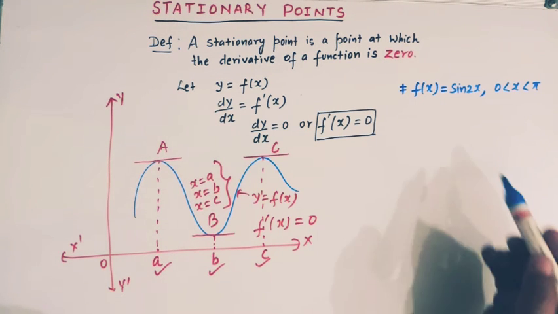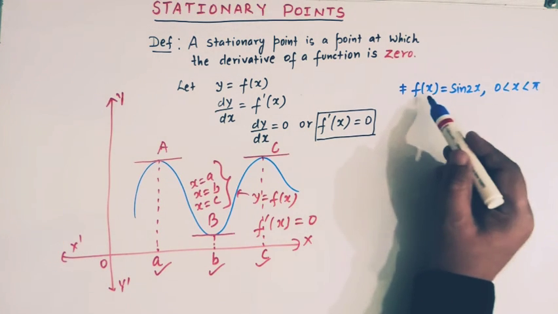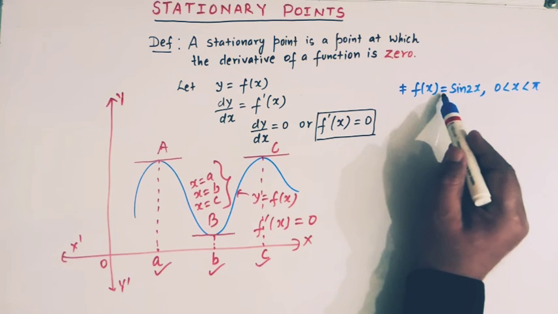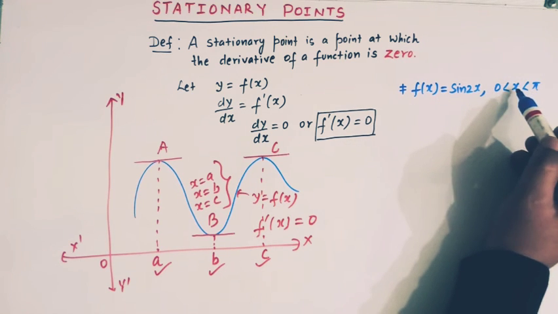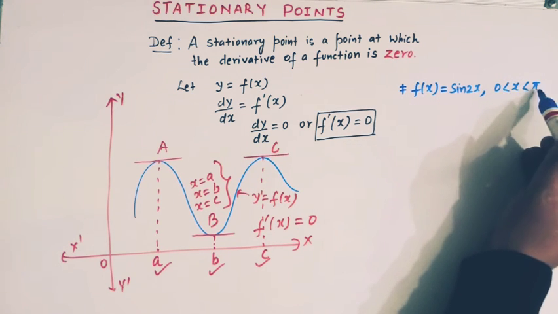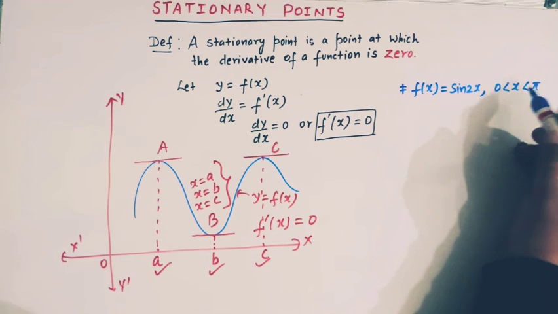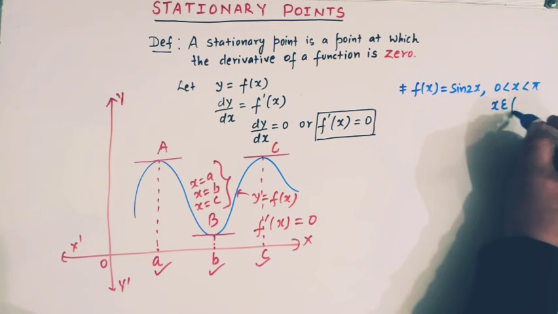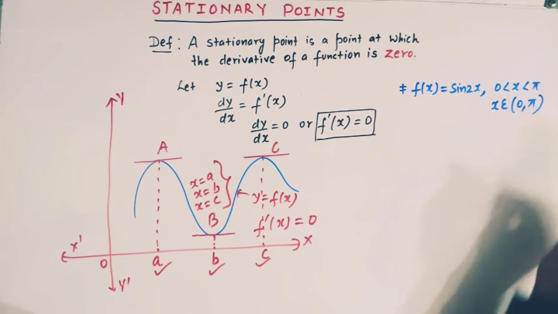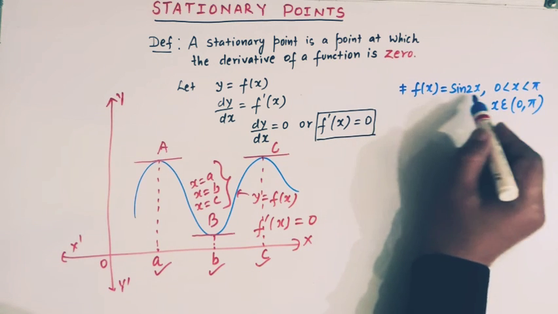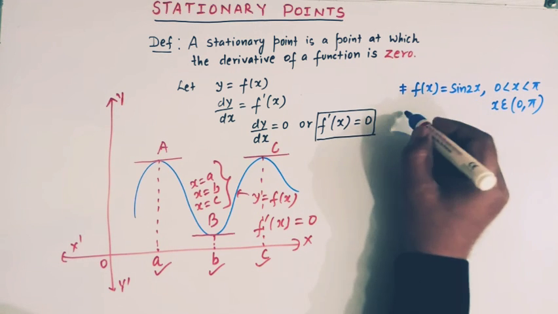Now let us consider one more problem. Here we have the function f of x equal to sin 2x, where x lies between 0 and pi, and we have to find the stationary points in this interval, where x belongs to 0 to pi. So what we will do is differentiate this function.